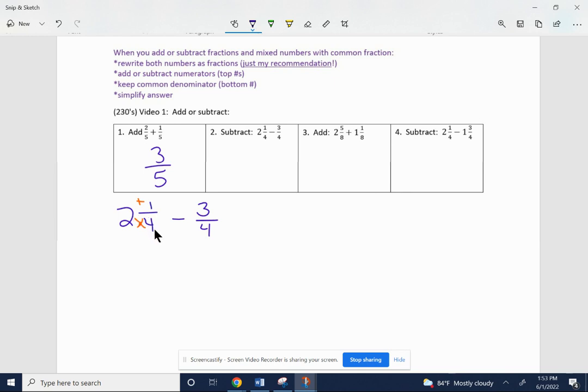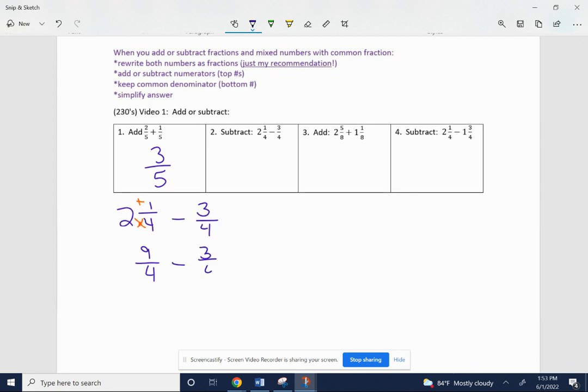Okay, 2 times 4 is 8, plus 1 is 9, and then keep that denominator of 4 the same. So that's 9/4. Students in the past have told me they learned backwards C. Like you kind of imagine a C going backwards. You multiply the 4 and the 2, and then you add the 1. Okay, so we have 9/4.